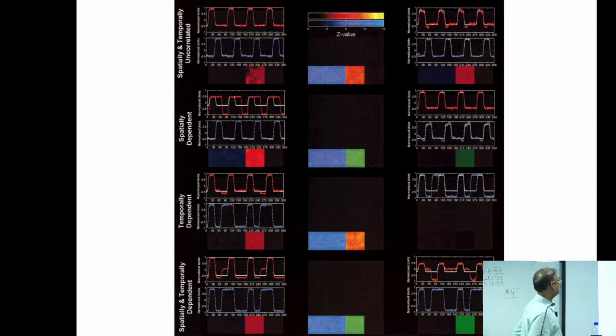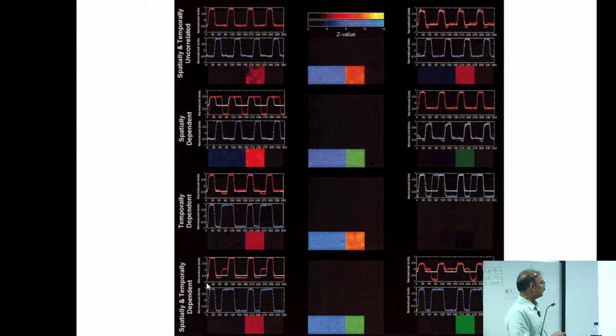And what they could do was, right, with spatial ICA, they could find the components. This is one component, this is the other component, and that they were spatially dependent, they were temporally dependent in some cases, and then they were spatially and temporally dependent, right?